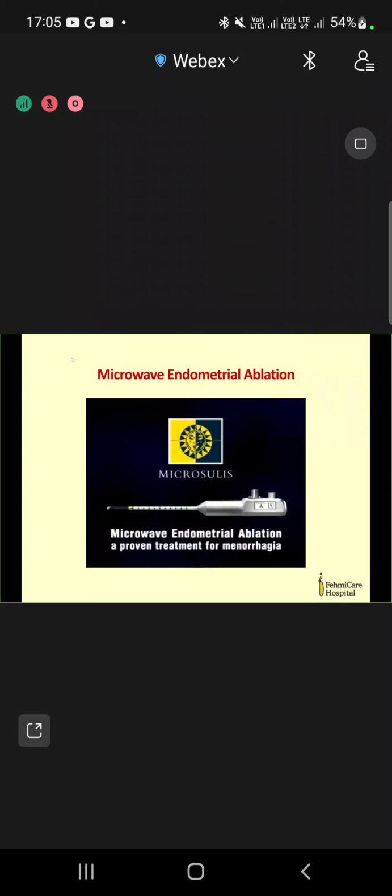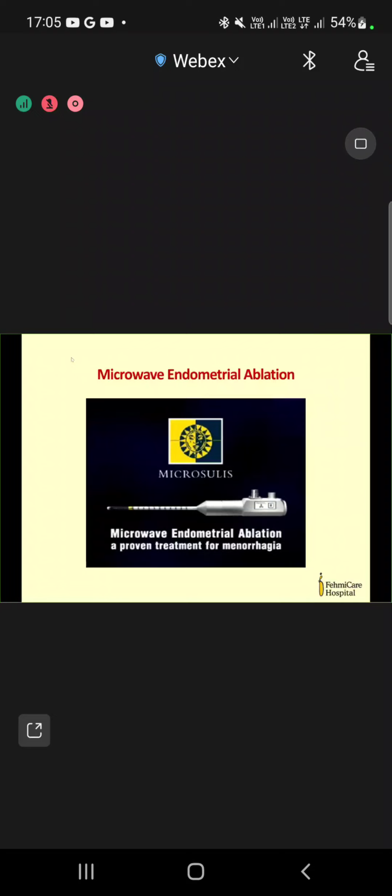Another advantage is that in all other endometrial ablation techniques, the uterocervical canal should be of normal caliber. If it is too small or too large, these procedures cannot give the expected result.